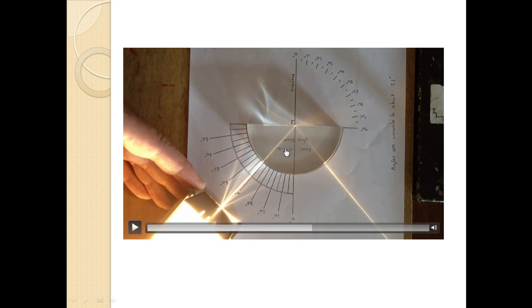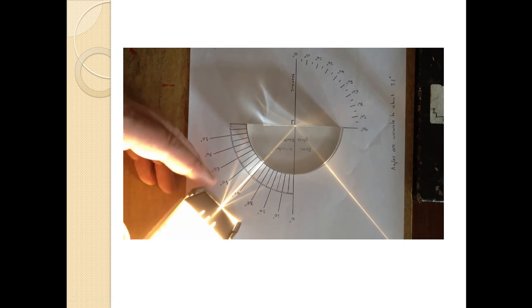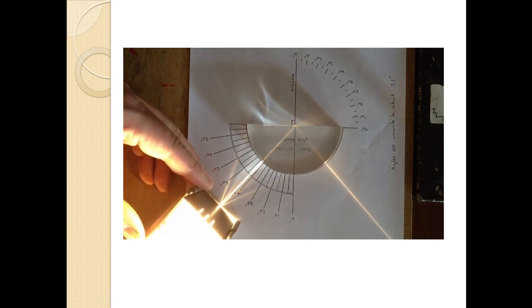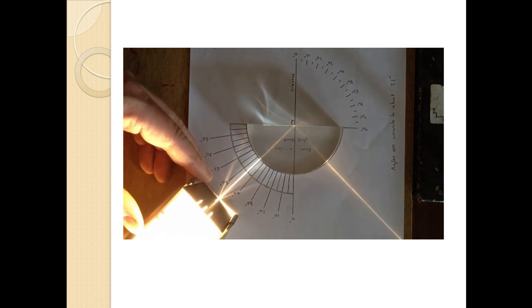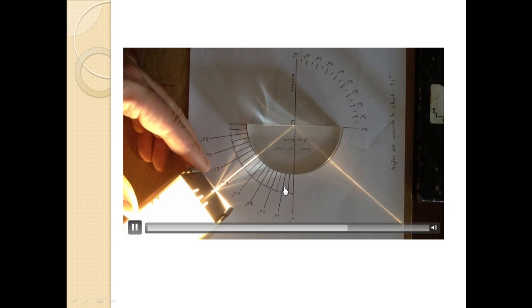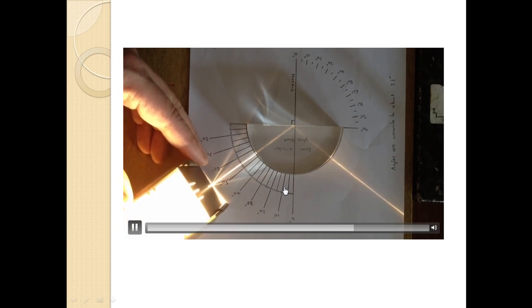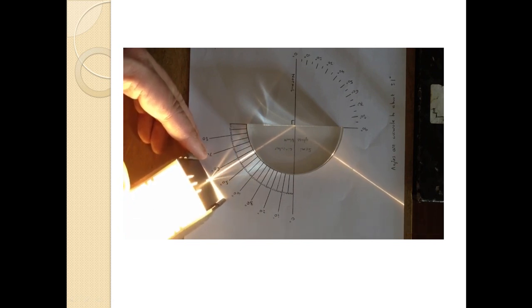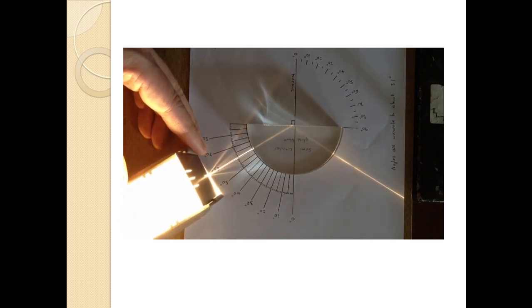Let's continue to see what happens if the incident angle is larger than the critical angle. As we can see, if the incident angle is greater than the critical angle, the total light beam will be reflected.